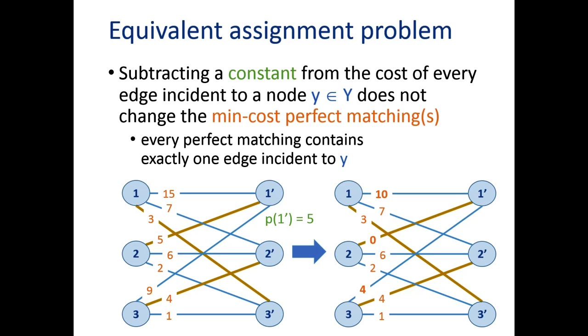Student: I don't quite understand how it doesn't change the min cost matchings, because by introducing a constant, surely you're making it so that the total path length is dependent on the number of nodes it goes through as well as the total distance it's traveling. Right, but every path will use one of those nodes, so every path will be affected in the same way. Think of doing it for just one node, and then by induction we'll argue that we can do it to all nodes.